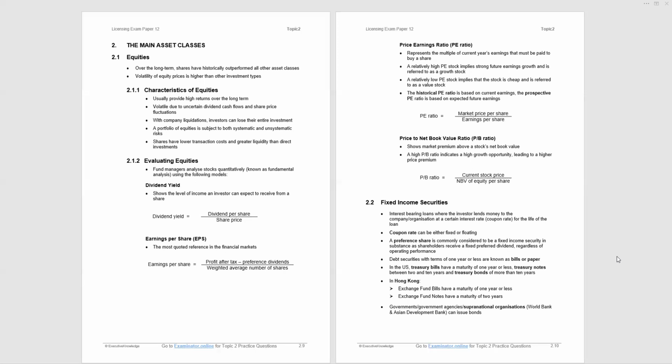So people are paying a lot of money for the underlying assets, and they think that, well, earnings are going to increase and the price will rise in the future. So 4 ways of evaluating equities: dividend yield, earnings per share, price earnings ratio, and price to net book value. Please be aware of those for the exam. At least one, if not more, will be examined.